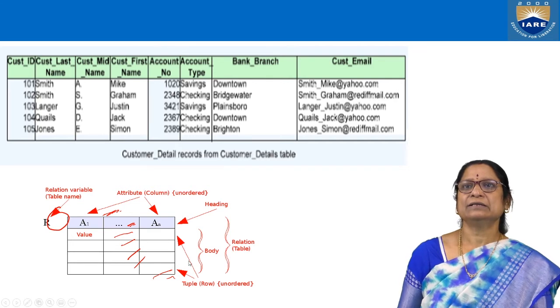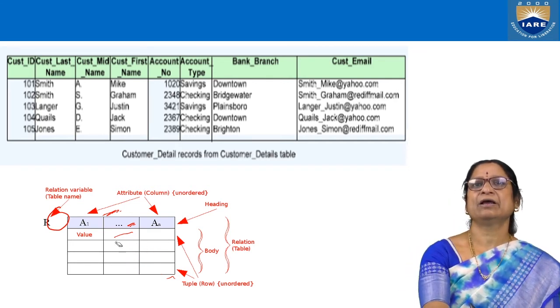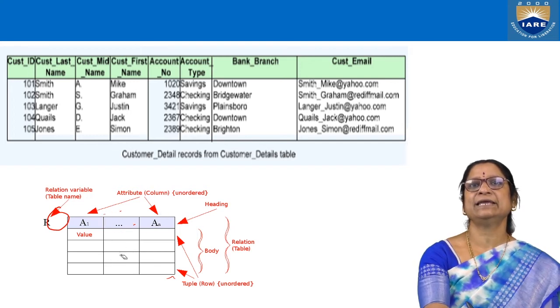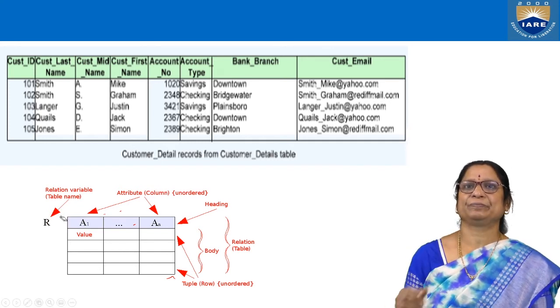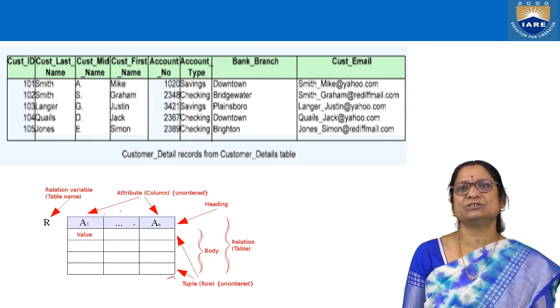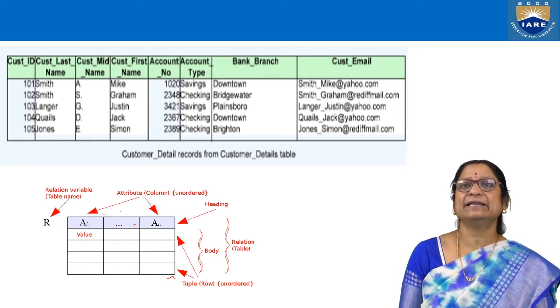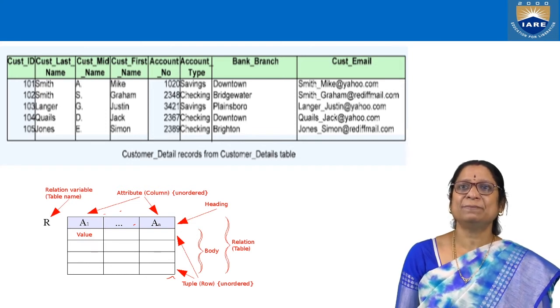Now, whenever we are using this notation, this entire thing is considered a relation. So what is a relation? A relation is a two-dimensional array, just like a table. Why are we calling it record-based?